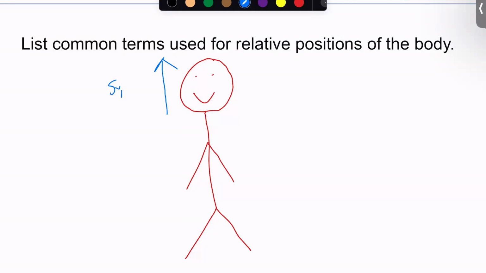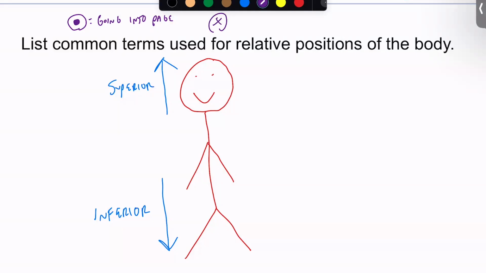So this is superior. This is inferior. This one's going to be kind of hard to draw, but imagine that we're going into the page, and this is going out of the page.